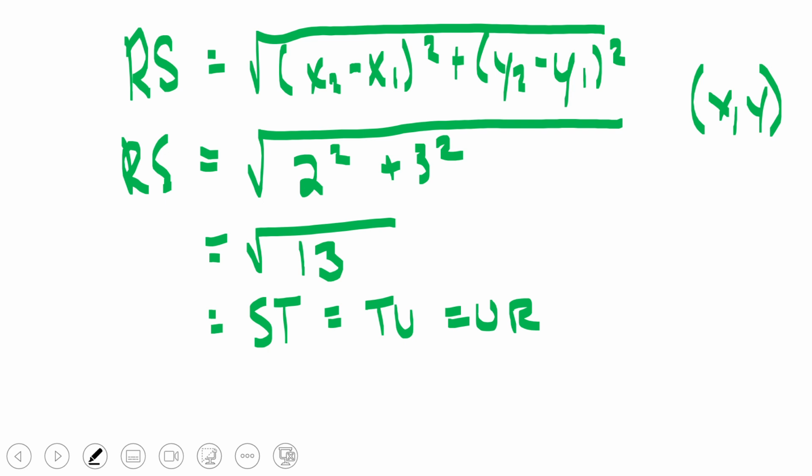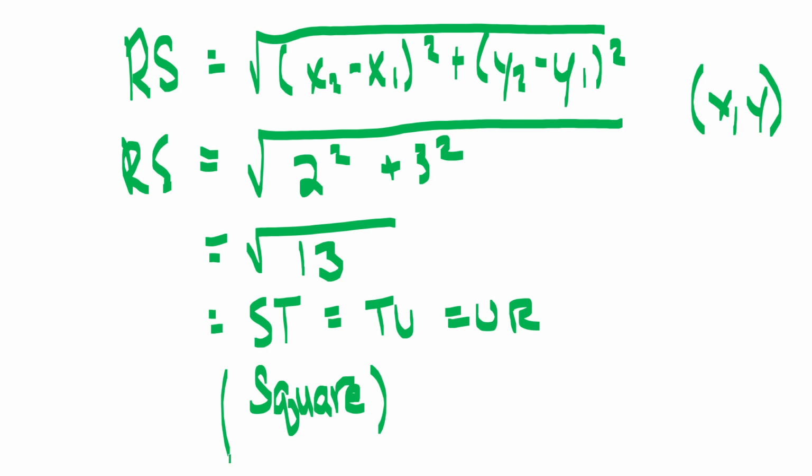If those are all equal, then we have the value and the distance for a square. Okay, so we solved with slope and distance formula to find that the classification of this quadrilateral can be a rectangle and a square.